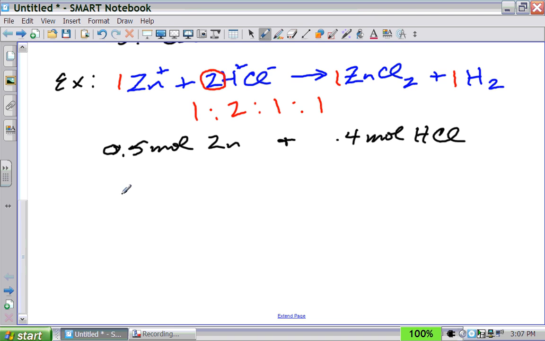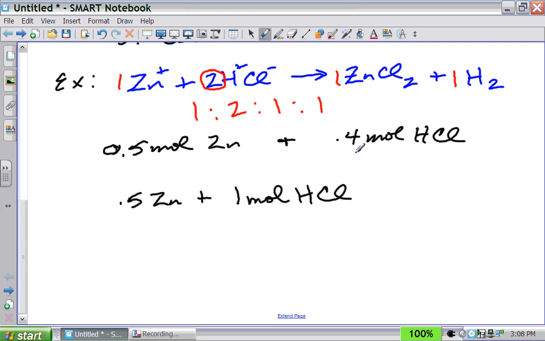Knowing that we need 1 mole of zinc, in this case we are going to use 0.5 zinc, and we are going to need twice that amount of hydrochloric acid, which means that in an ideal situation, we need 1 mole of HCl.